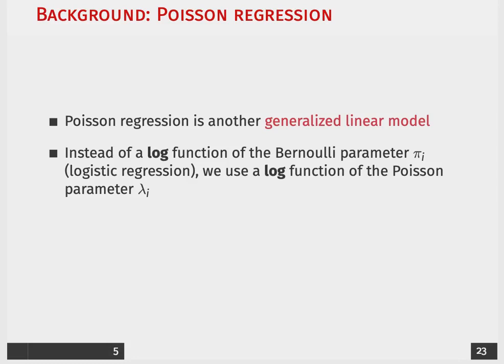So in the case of a logit regression, we're using a log function to transform the Bernoulli parameter into that linear association that could be expressed with our covariates, right? We are doing the exact same thing, but we are using a log function now and referencing a Poisson random variable here with parameter mu.